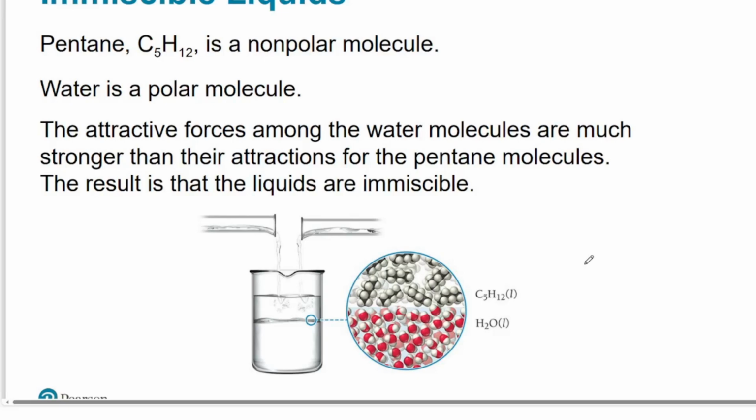It will actually float on top of water because it's less dense. Water is a polar molecule, and the attractive forces in water will hold these molecules together relative to something like pentane that is nonpolar, and that keeps these molecules separated because the attractive forces in the water are strong enough to push out the pentane, and since it's less dense, it floats on top.